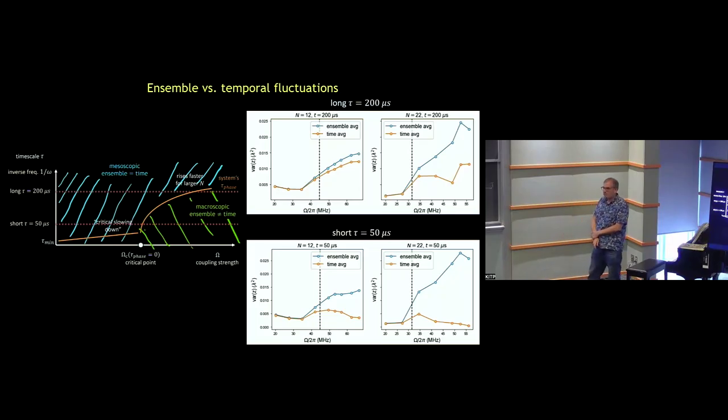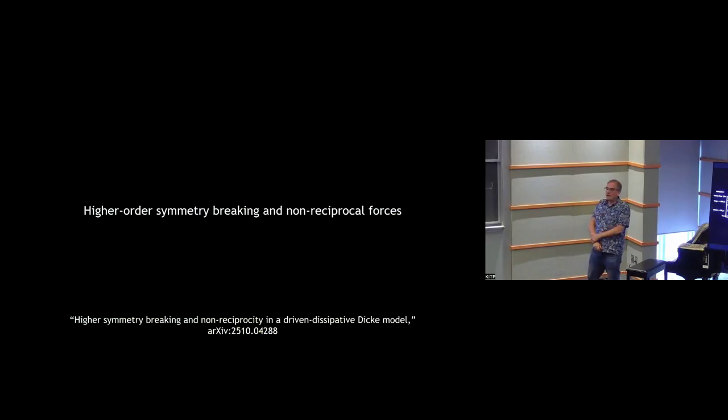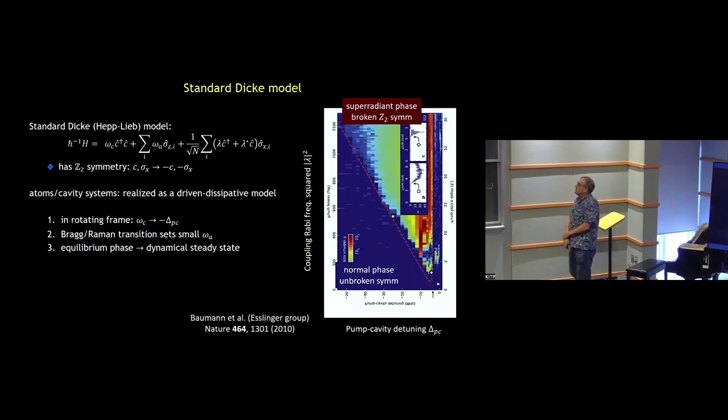All right, with the remaining time, let me tell you about some of the upcoming ideas that we have. One is to enhance the programmability of the system that I just told you about. So in the system that we're studying thus far, there's a mapping of our system to the Dicke model.